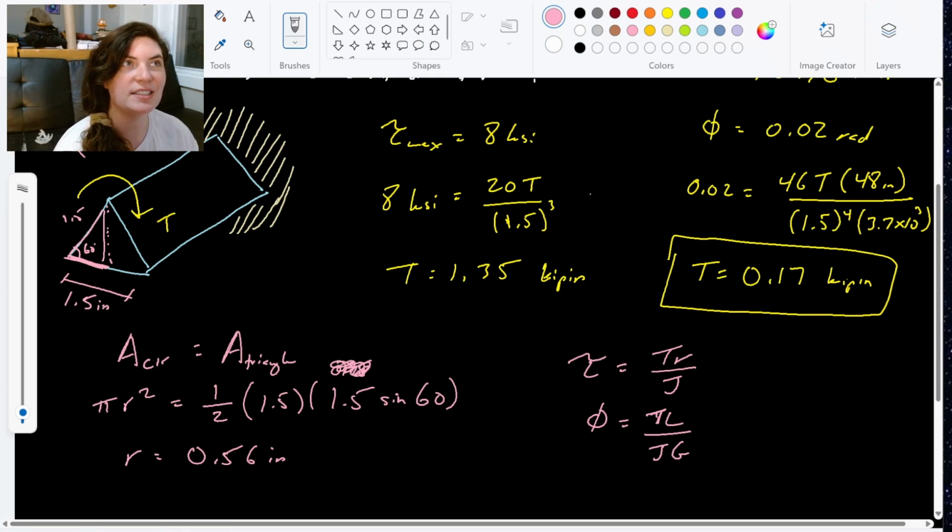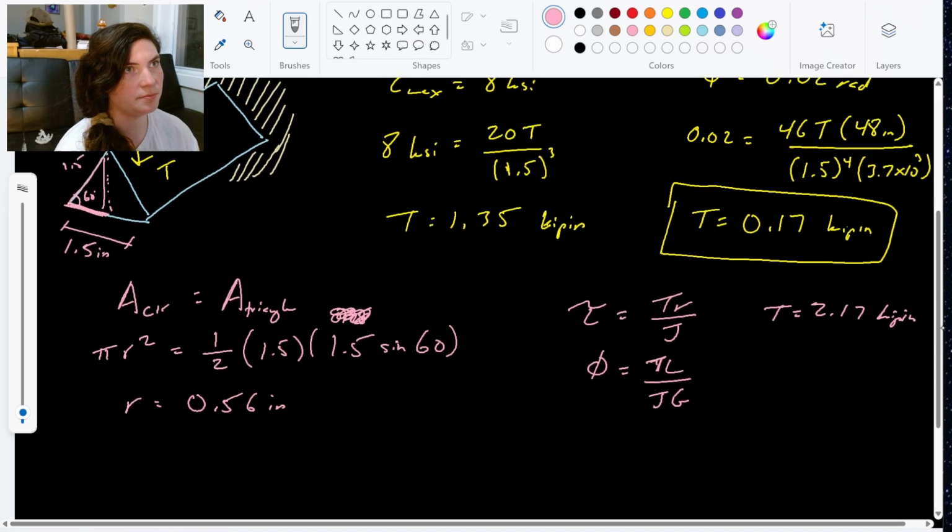But because the angle of twist was the limiting factor for the triangular one, there's a good chance it's still the limiting factor for a circular shaft. I'll just tell you that the shear stress method gives you a torque of 2.7 kip inches. But our angle of twist is actually the limiting factor here.